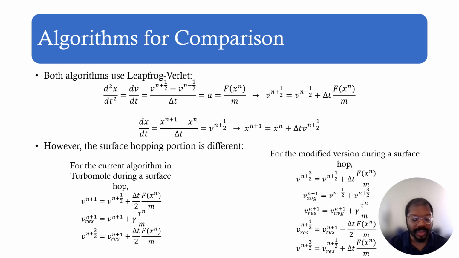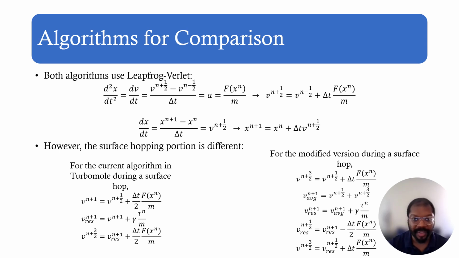Looking closer at the surface hopping, for our algorithm, we are using leapfrog Verlet, a second order algorithm, to update our velocities and our positions. Velocities are at the half step, positions at the integer time step. However, for the surface hop in TurboMole, the current algorithm does a first order half step propagation in order to get the exact integer time step velocity to rescale.